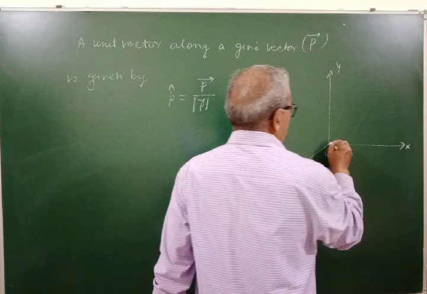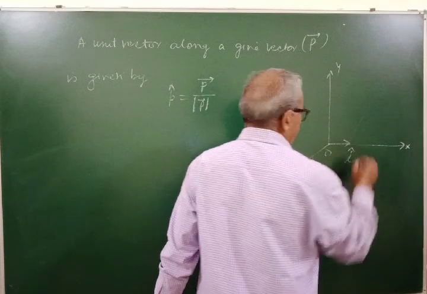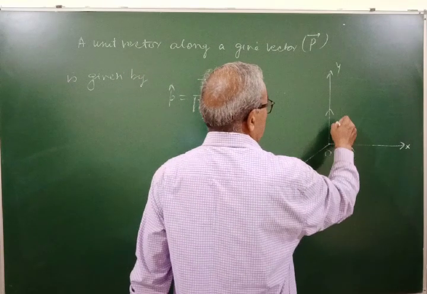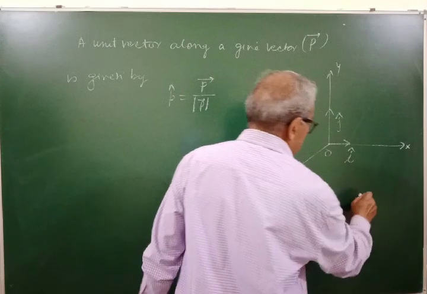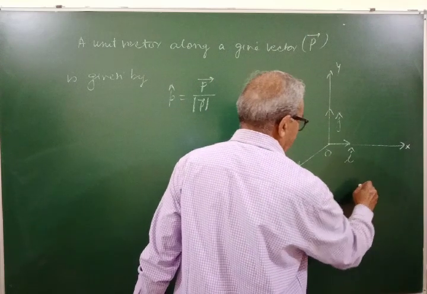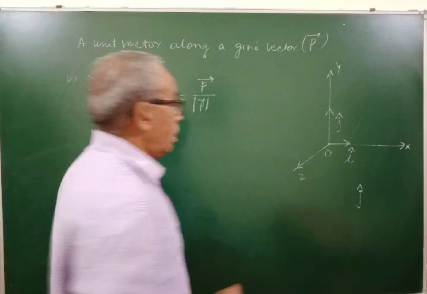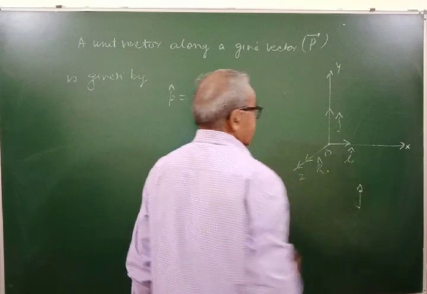Along the x axis we use i cap as a unit vector. Along the y axis we use j cap, small j with a dot and cap, j cap unit vector along the y axis, and along the z axis k cap.